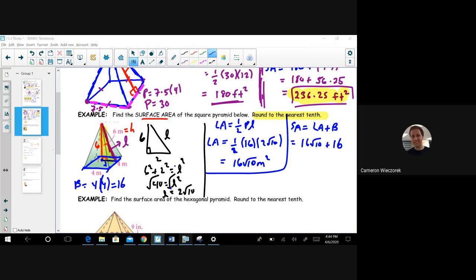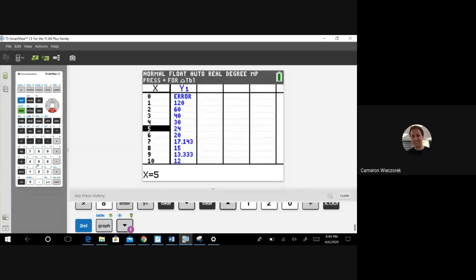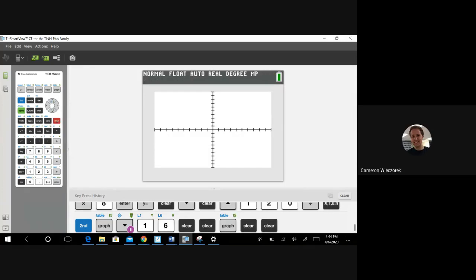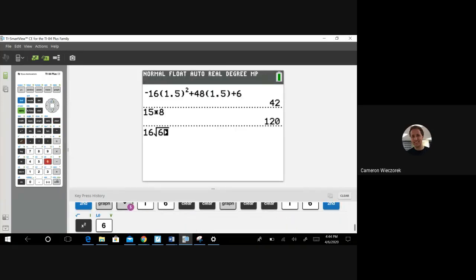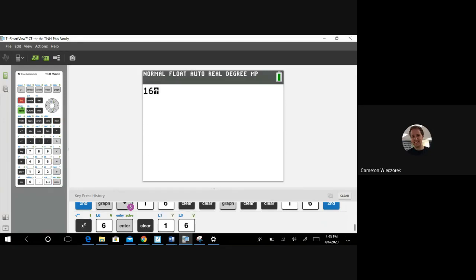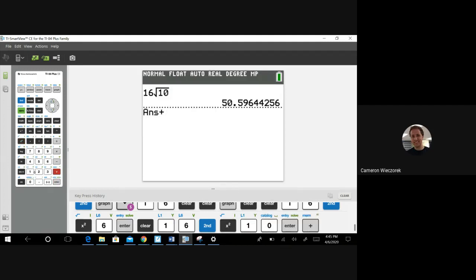So if you type that in, 16 rad 10, and then plus 16.